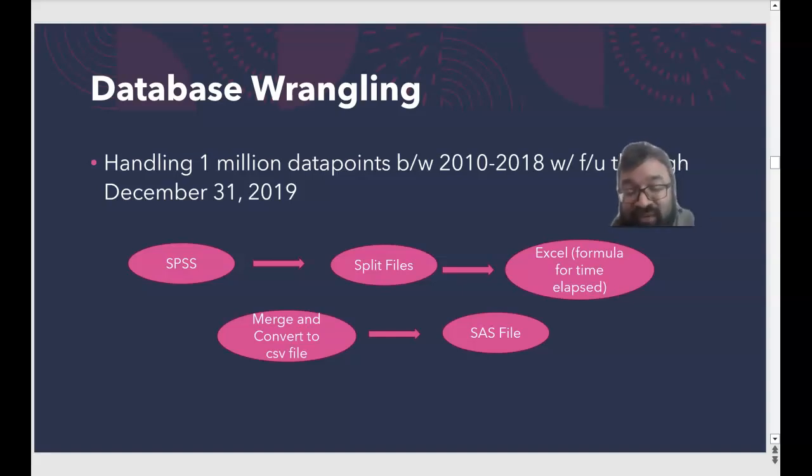When I say a large data set, I mean 1 million data points. These are not anything small. This is a lot of data.